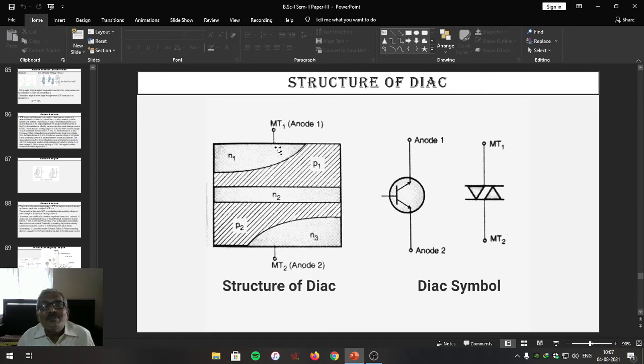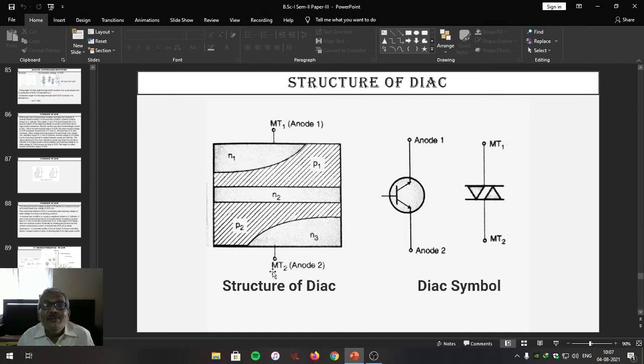MT1 also makes forward bias to the N1 and reverse bias to the P1 region. Working layers are now P2, N2, P1, N1, means PN, PN. Another SCR starts working.